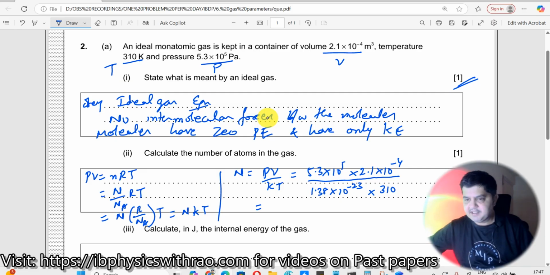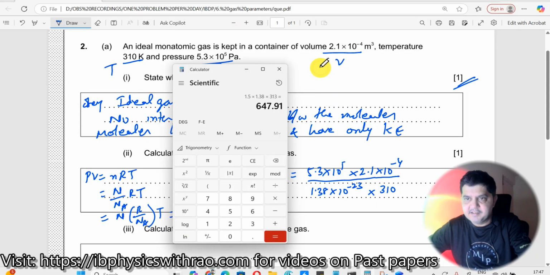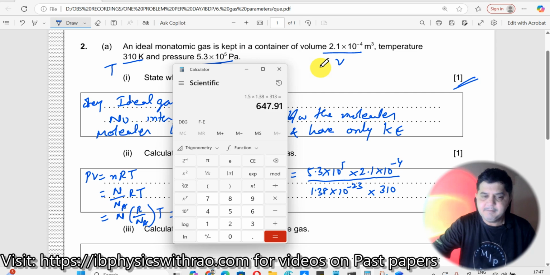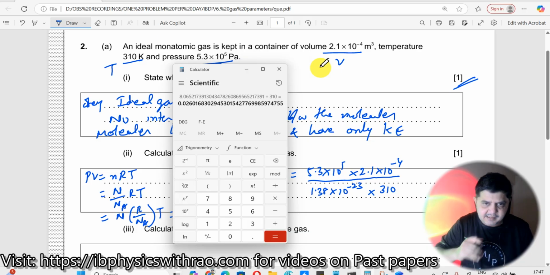Now let us calculate this value. 5.3 multiplied by 2.1 divided by 1.38, divided by 310. When I do this, I get 0.0260.